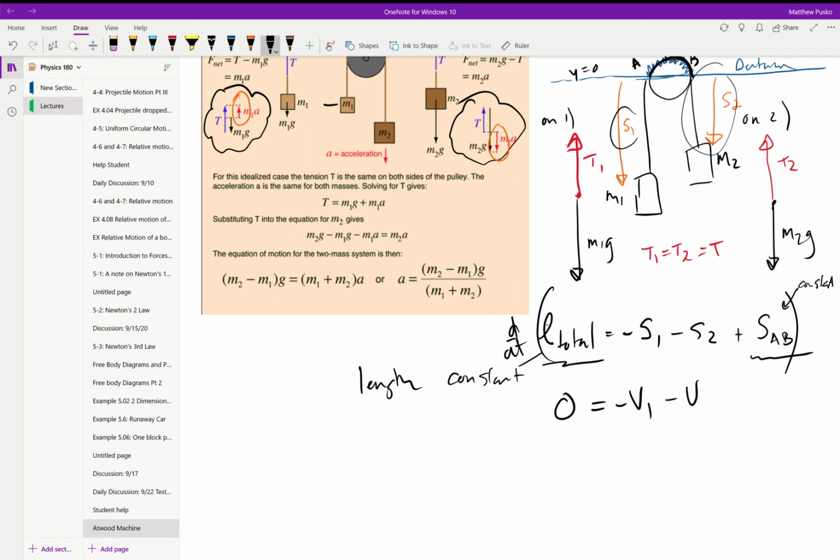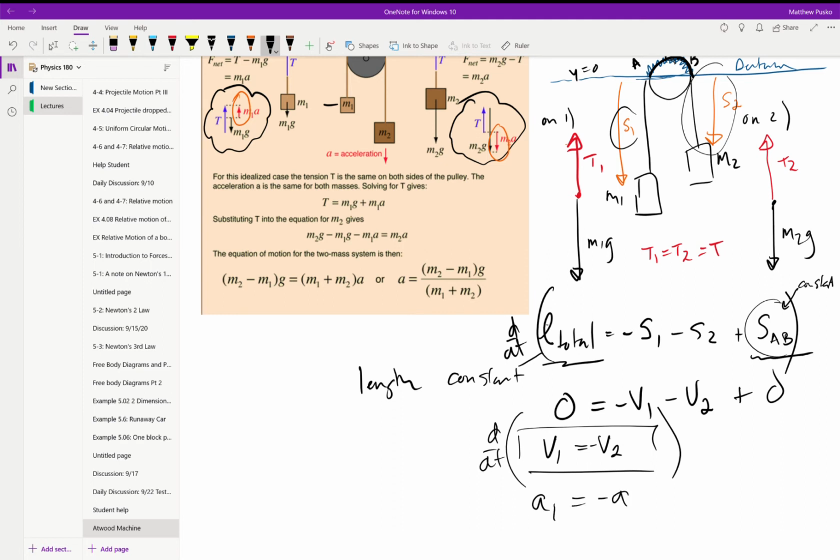Position S2 turns into a V2. And once again, since this was constant, the derivative of a constant with respect to time is 0. So this just gave us a relationship that the velocity of 1 is equal but opposite to the velocity of 2. That's very, very useful. And we can go one step further and get our relationship for the acceleration. The acceleration of 1 is equal but opposite to the acceleration of 2.